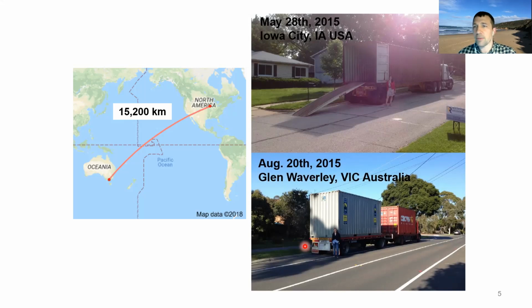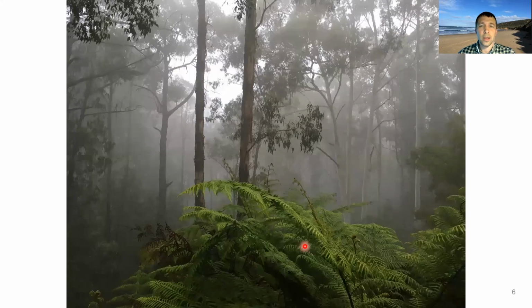For my first roughly 5 years in Australia, I lived in the eastern suburbs in Glen Waverley, not too far from the Monash campus. But in 2019, we moved out to Cockatoo in the Dandenong Ranges. This is what the scenery looks like now.